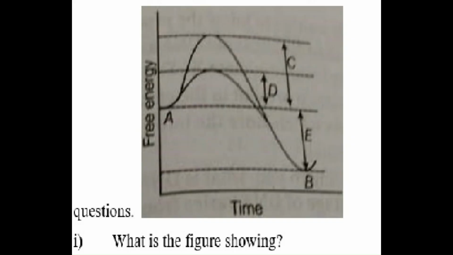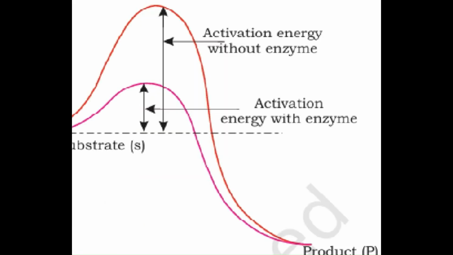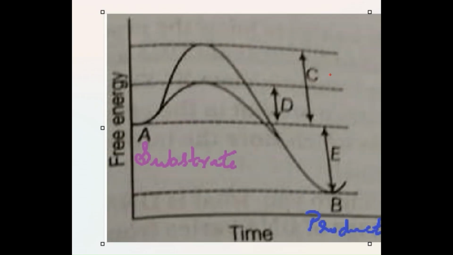The first part of the question, what is the figure showing? The figure is showing the concept of activation energy. A means substrate. C stands for the amount of energy, the activation energy, required for the substrate to reach the transition state.